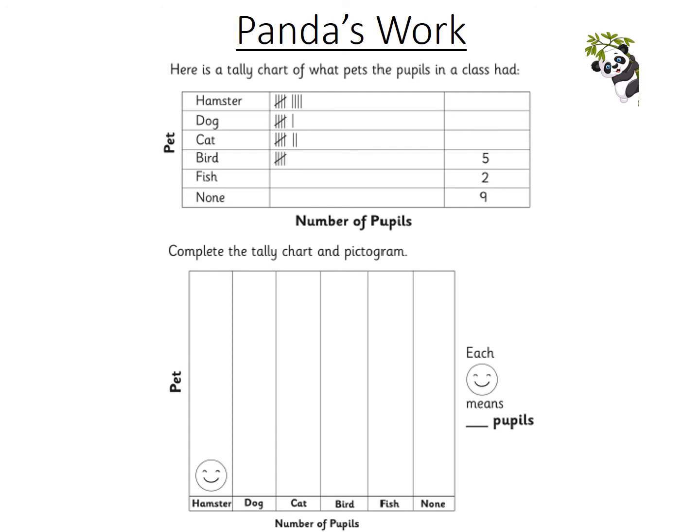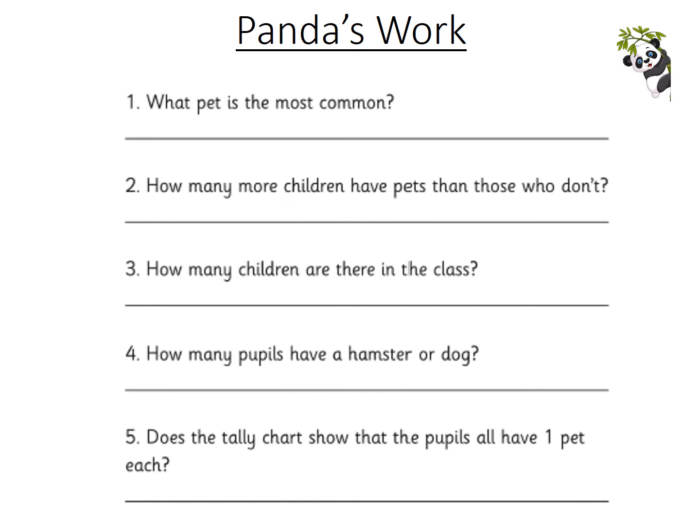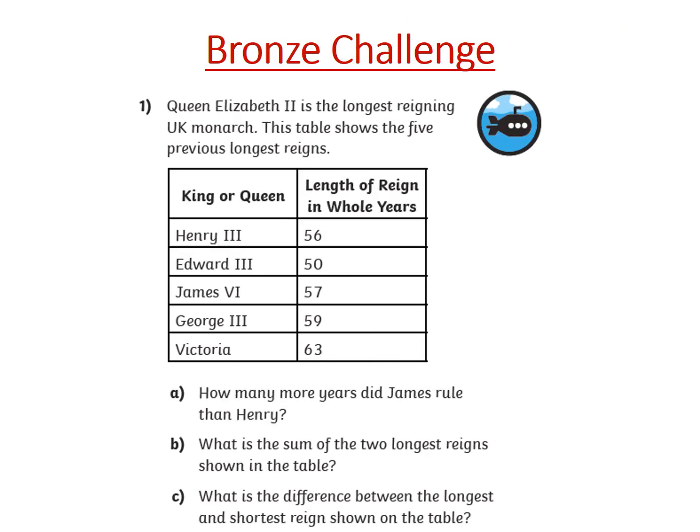So then I want you to have a little go at drawing that pictogram in your book and putting the right number of smiles for each pupil for me, okay? Not forgetting to do your key as well. Then once you have filled in the tally chart and the pictogram, I want you to have a little go at answering those questions for me, okay?